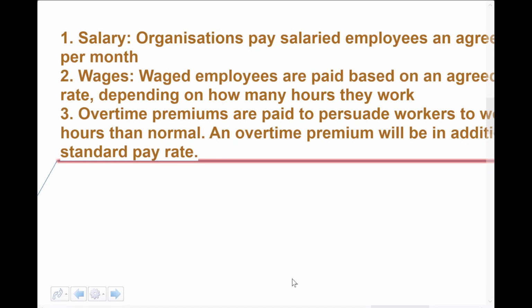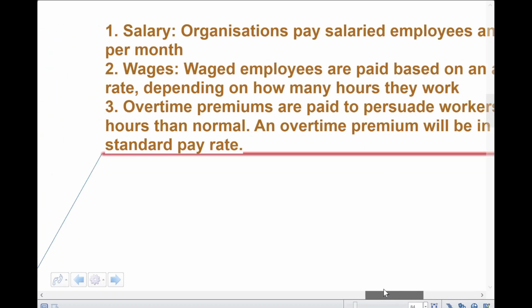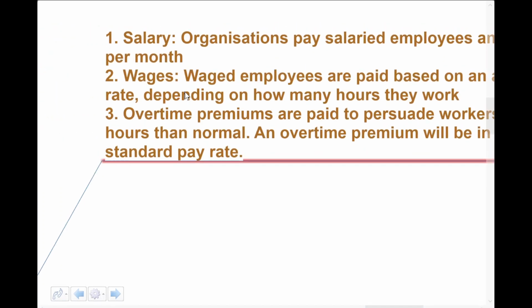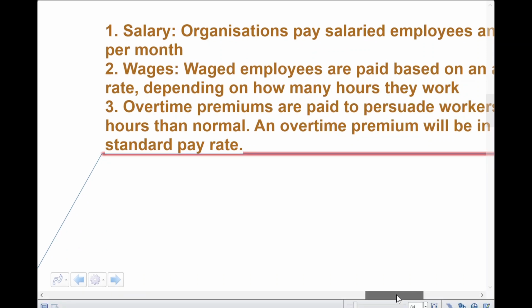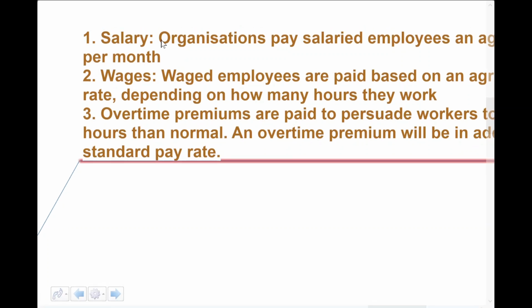Salaried employees will be paid more likely a given agreed amount per month. Wages, slightly different. Waged employees possibly paid at some sort of agreed hourly rate, depending upon the hours that they work. So note the difference between monthly salaried employees and wages generally paid by the hour.